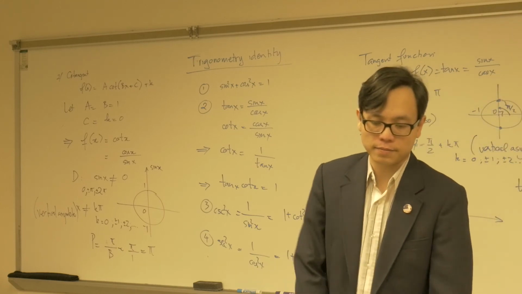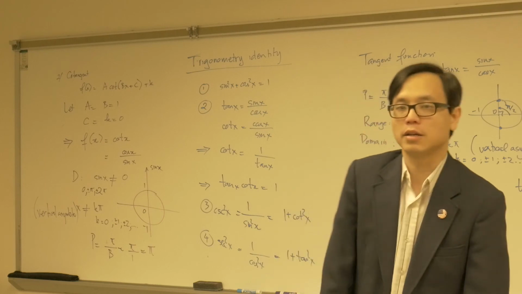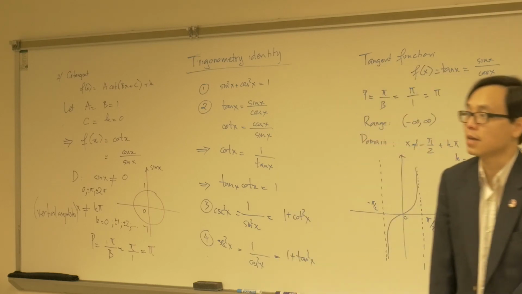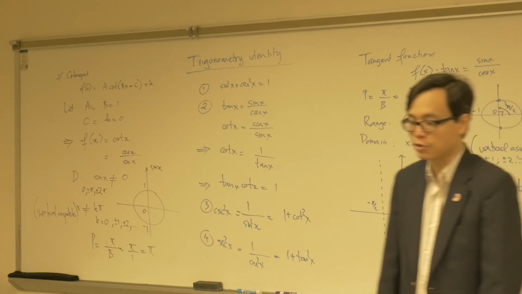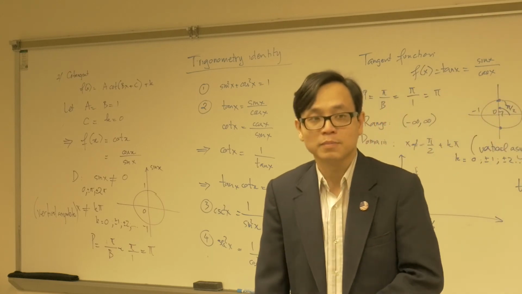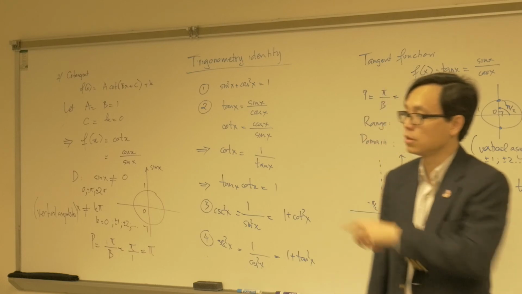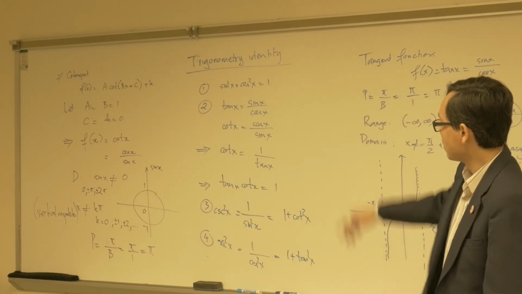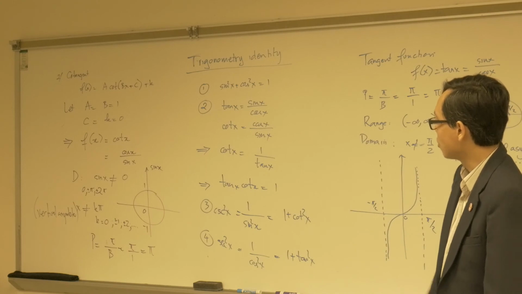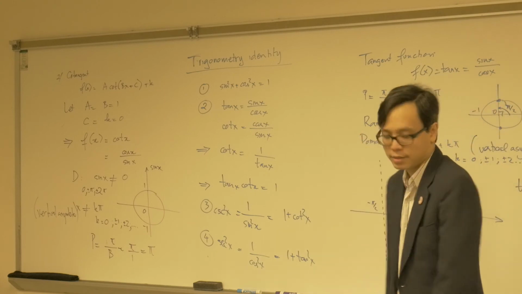This identity we can also use to calculate a trigonometry function. But last time, when I showed you how to calculate trigonometry functions, we used the reference angle and triangle. So maybe we can go through one example using this identity.